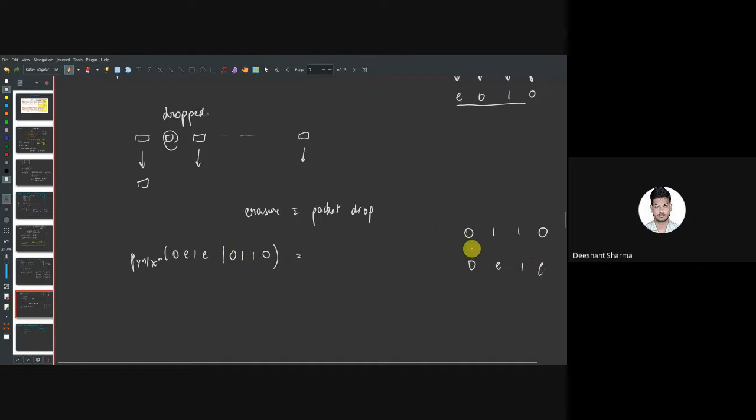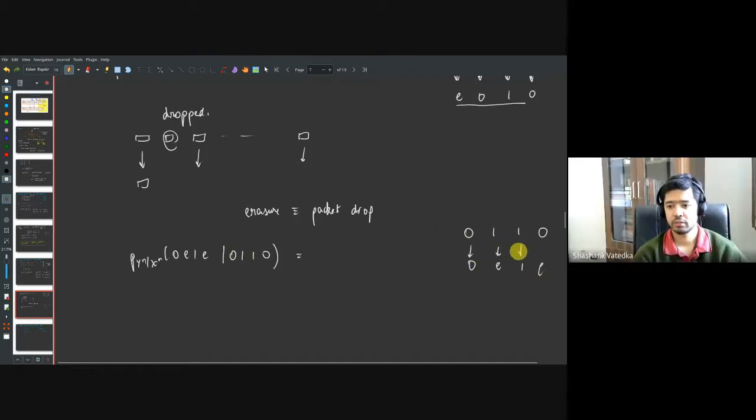P squared times (1 minus P) squared. Right, exactly two of the symbols are erased and two of the symbols are left as they are. So P squared times 1 minus P the whole squared.